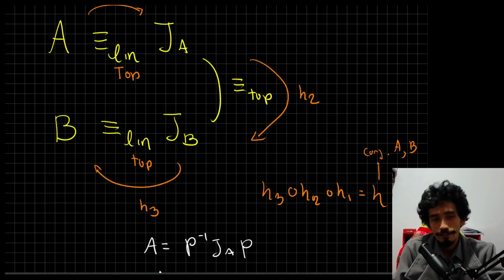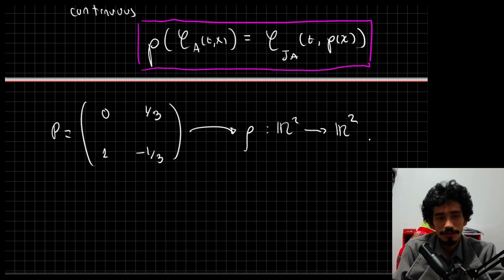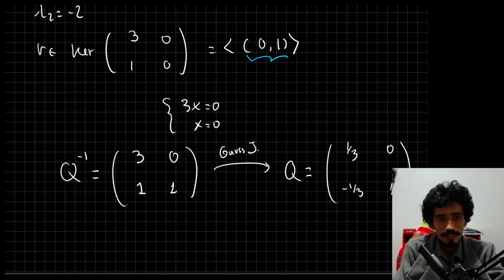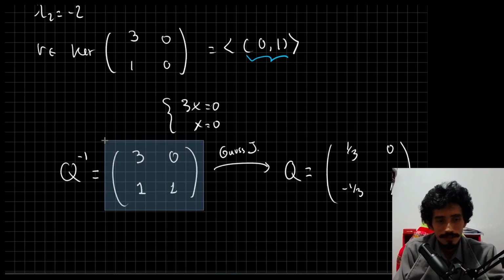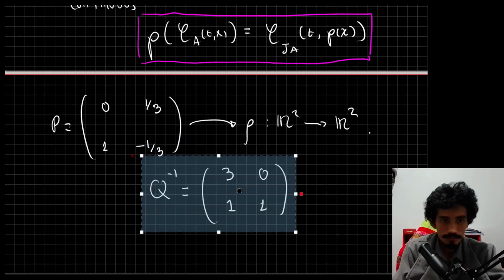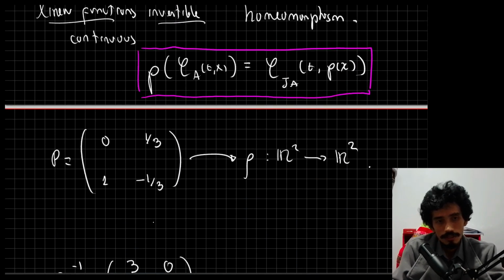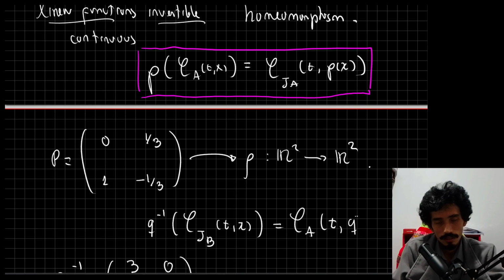And now for the other one, instead of working with Q, we will, and you can check that, we will see that the homeomorphism is the inverse of Q. So let's write it like this. Let me highlight it.